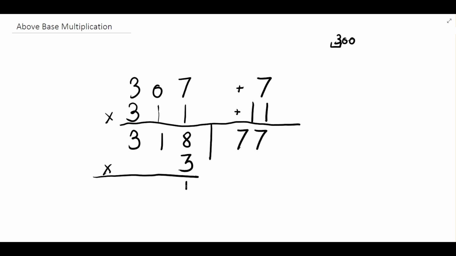So you get 3 plus our carry of 2 from 24. So 1 times 3 plus 2, 5, and 3 times 3, 9. So 954. And the right part comes as it is. So our final product is 95477.